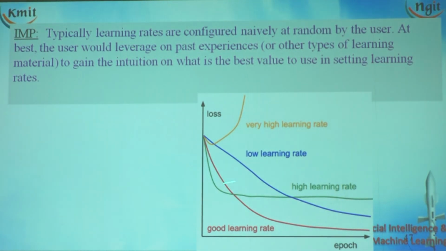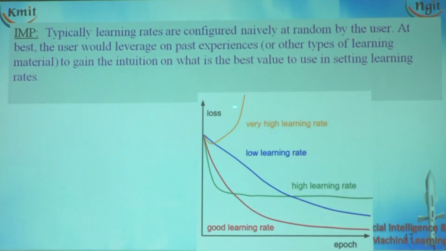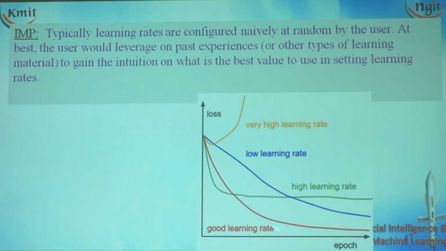For a high learning rate, the loss reduces in a small number of epochs, but it gets fixed at one loss point, so it is not reaching the local minima properly. And if it is a very high learning rate, it is going away. Don't give a high learning rate, and a good learning rate will give you a reasonable curve like this.